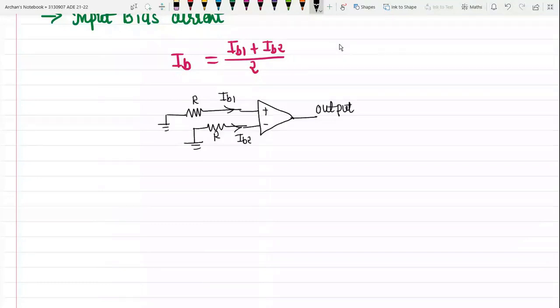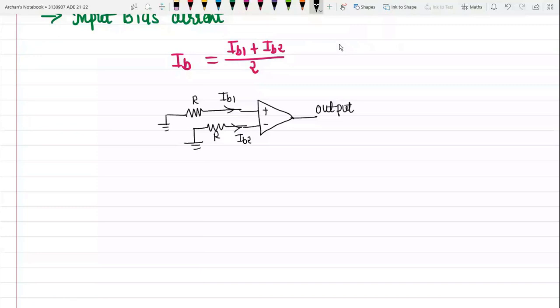The difference of IB1 and IB2 will cause input offset current, and the average value of IB1 and IB2 will be known as input bias current. Mathematically, we can represent input bias current as (IB1 plus IB2) by 2.